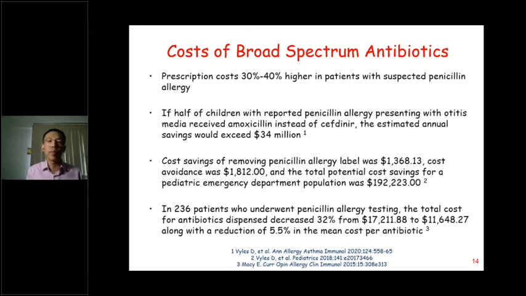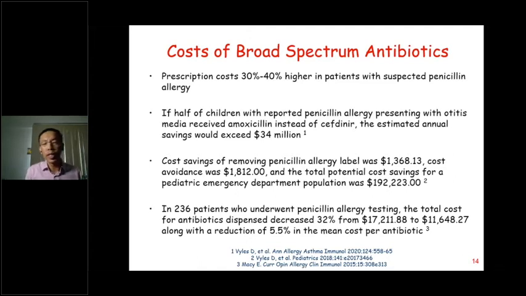So if you look at cost savings of removing penicillin allergy label, it amounts to about $1,300. You can have a cost avoidance of about $1,800. And the potential cost savings in this study in the pediatric emergency department population was up to about $200,000. And if you look at many of the other studies, in particular from the United States, they have shown fairly significant cost savings.